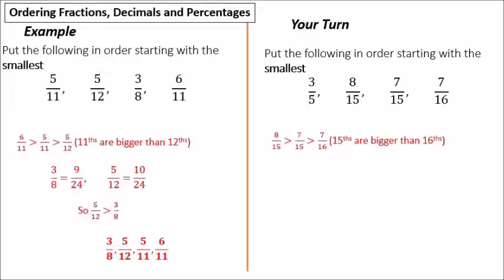Finally we have 3 fifths. Well, 3 fifths we can convert to 15ths by multiplying the numerator and denominator by 3. So we have 9 15ths. And that right there is clearly bigger than the 8 15ths. Therefore we can put them in order: 7 16ths smallest, then 7 15ths, then 8 15ths, then 3 fifths.